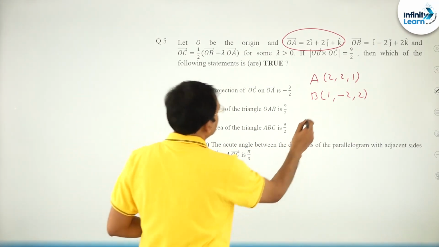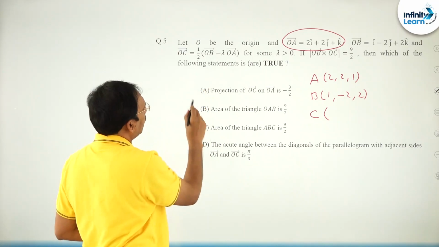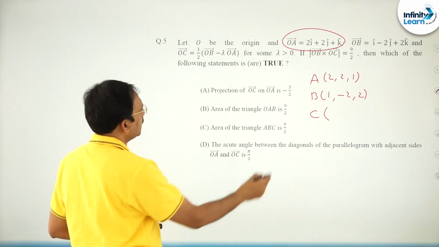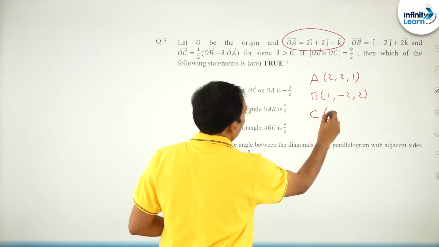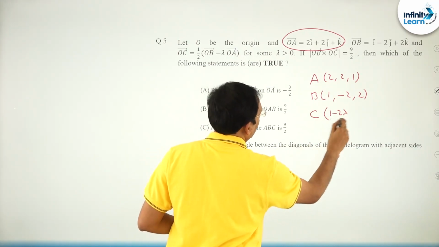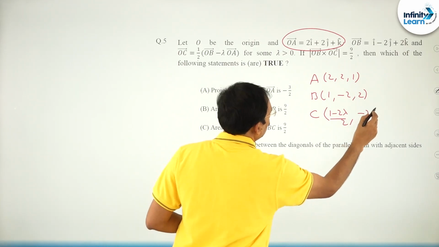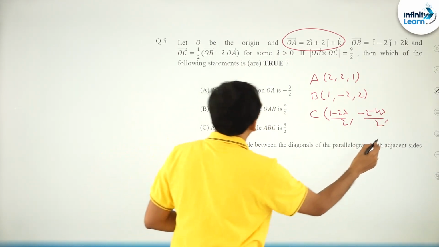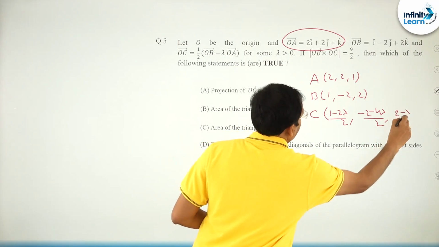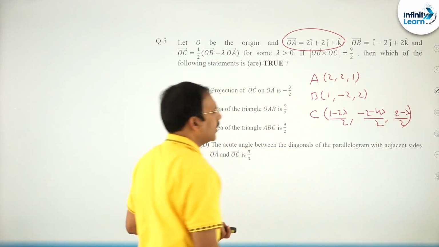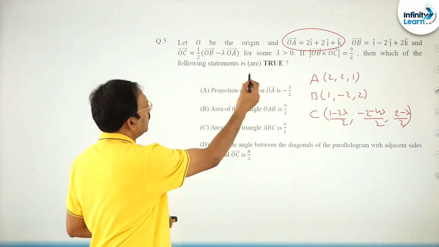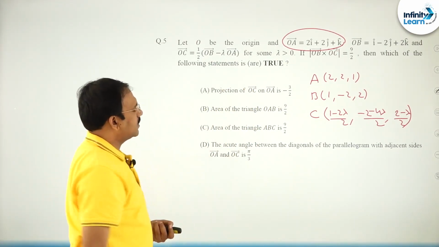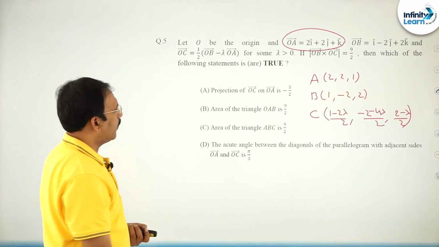C bar is given like half of OB minus lambda OA bar, that means (1 minus 2 lambda) by 2 comma (2 minus 4 lambda) by 2 comma (2 minus lambda) by 2. This is the point C, friends. That is, B minus lambda into A, all by 2.